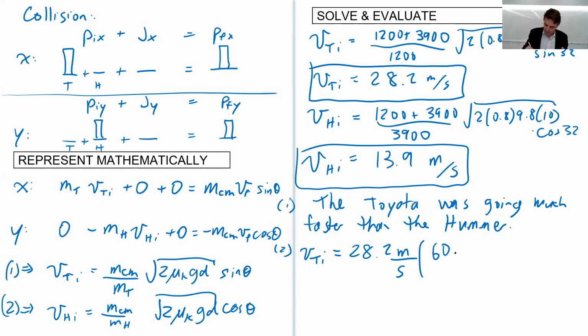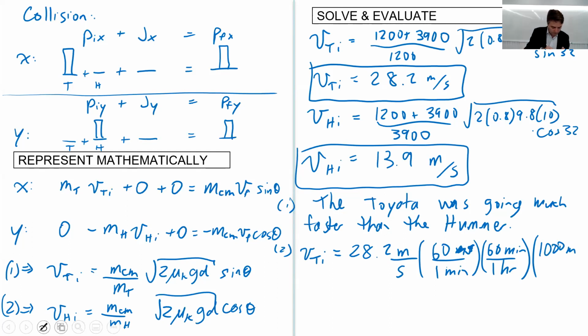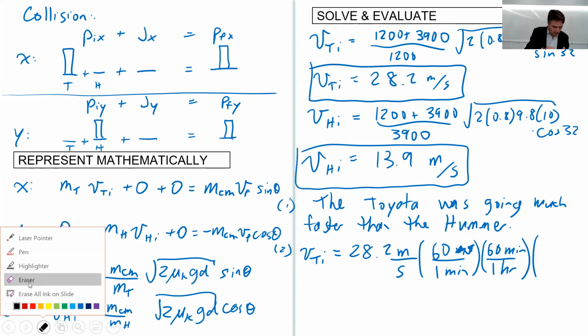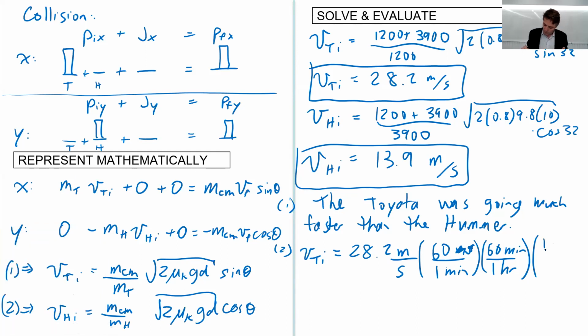So if you times that by 60 seconds per minute, times it by 60 minutes per hour, and times it by 1 kilometer per 1,000 meters, I get it in kilometers on the top, right?